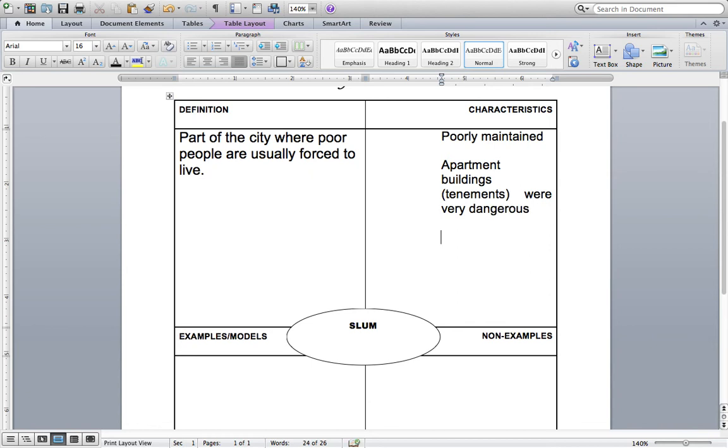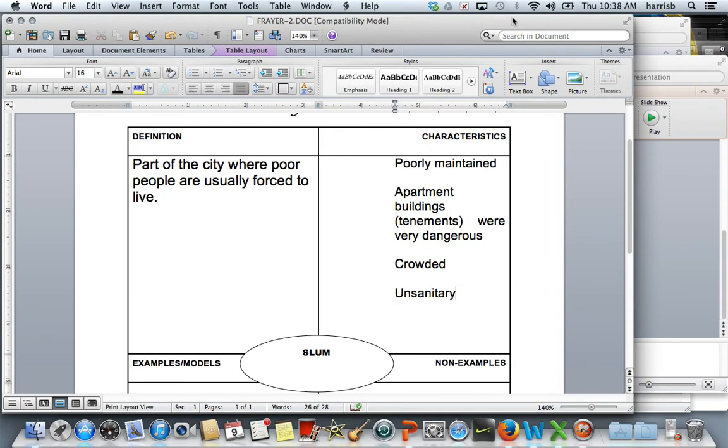Very crowded and unsanitary. It was not uncommon to see a family of maybe 7 or 8 living in a one-room apartment tenement that is very poorly maintained and very dangerous. And I have an example here that I can show you.